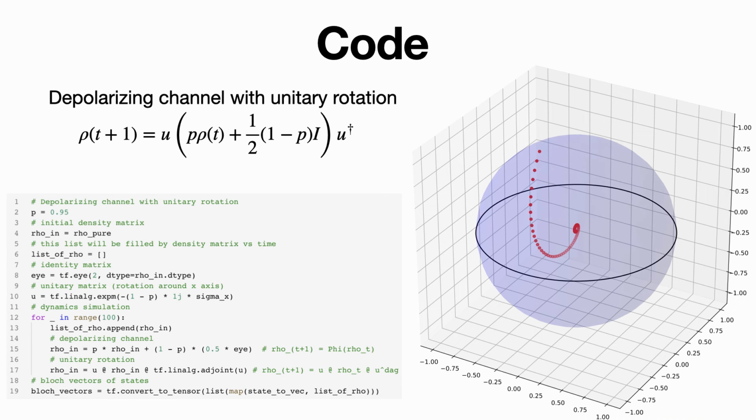Now let us have a look at the right hand side of the slide. One can see that the dynamics start from a pure state and then rapidly go to the center of the Bloch ball. The central point of the Bloch ball is a state with maximal uncertainty, with maximal von Neumann entropy.